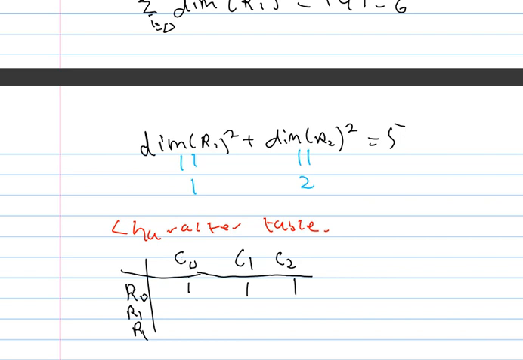By the way, I should mention the character of an element g in a rep R is just the trace of R(g), and because this is a two-dimensional rep, that should be 2. The identity maps to the identity, and the trace of the identity is the dimension of the rep, which is 2.